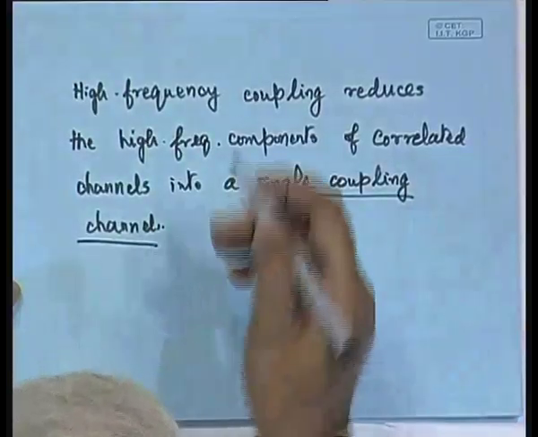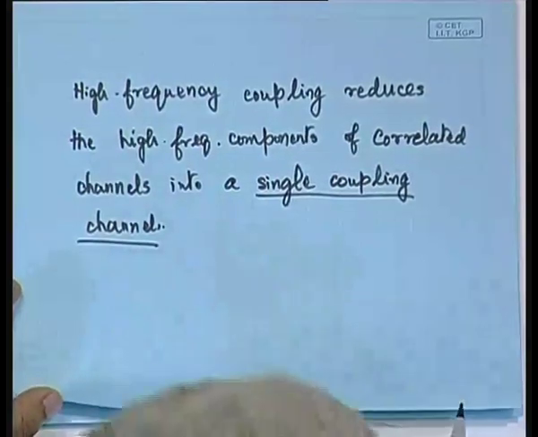Since they are coming from the same source, some amount of high frequency commonality will be there, and basically what we are doing is that instead of sending the individual information for the high frequency components for each of these channels, we are embedding them into one single coupled information. A single coupled information is what we are giving.